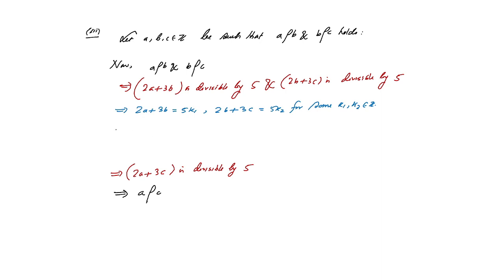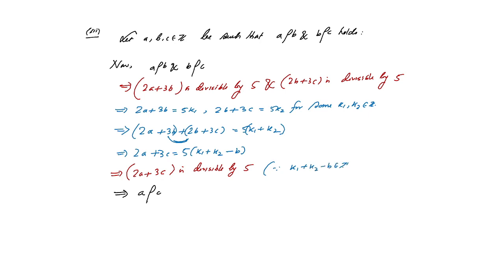Now we add these two values: 2A plus 3B plus 2B plus 3C will be 5(K1 plus K2). From that, 2A plus 3C will be 5 into (K1 plus K2), and the 5B term comes in, so it will be minus B. So 2A plus 3C is divisible by 5 since K1 plus K2 minus B is an integer.